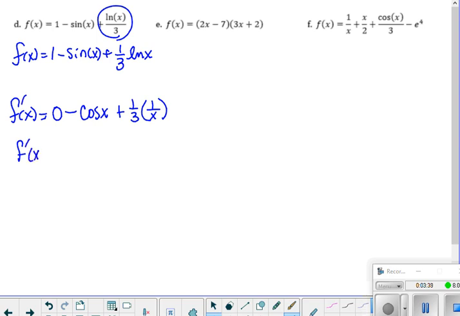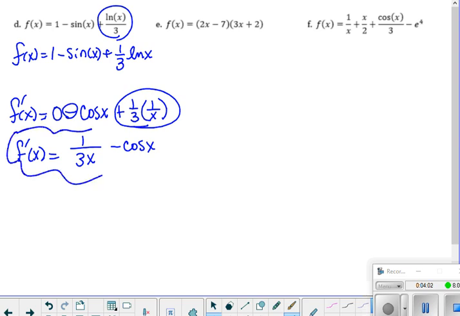F prime condensed down. I would say most math books would present it as 1 over 3x minus cosine x. Often if it's a lead with a negative, they'll just turn it into subtraction and put it as the second term. Especially since this last term was positive, doesn't it present a pretty picture here?